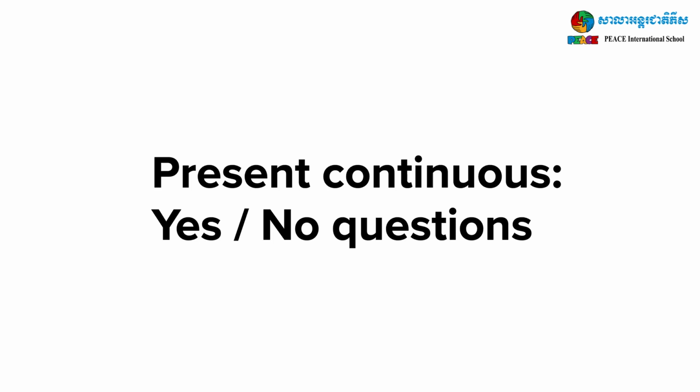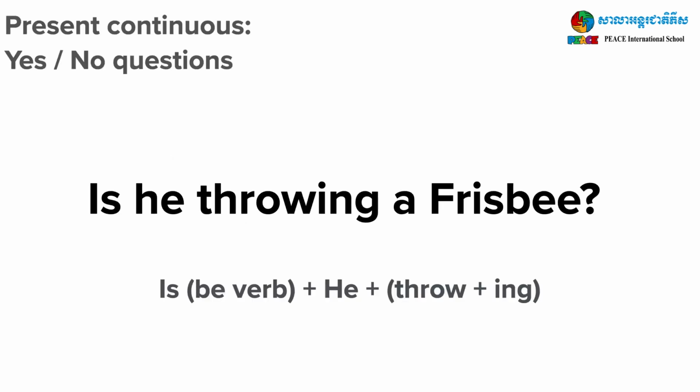Let's look at an example. Example 1. Here is a question using present continuous. Is he throwing a frisbee?